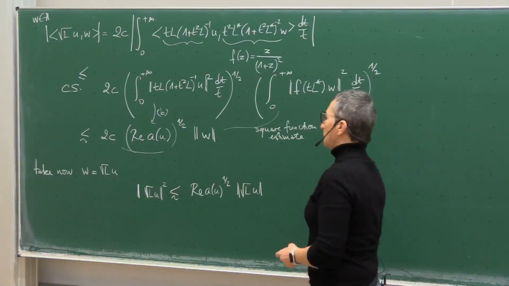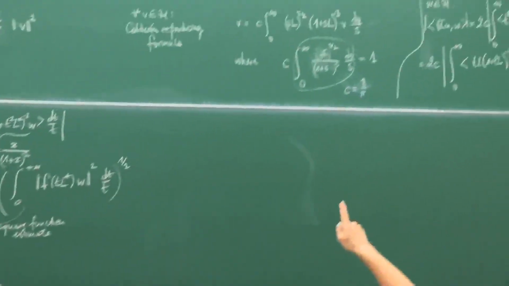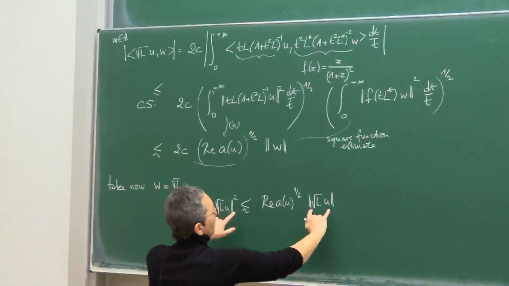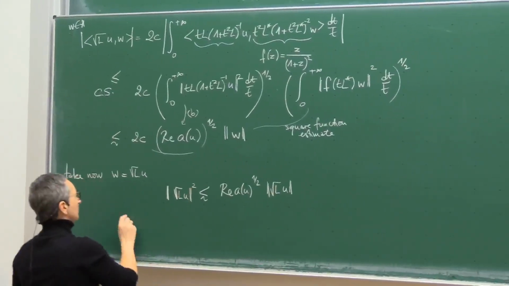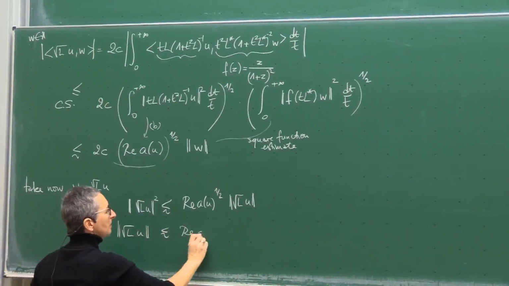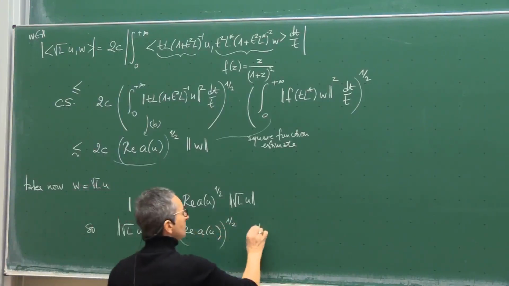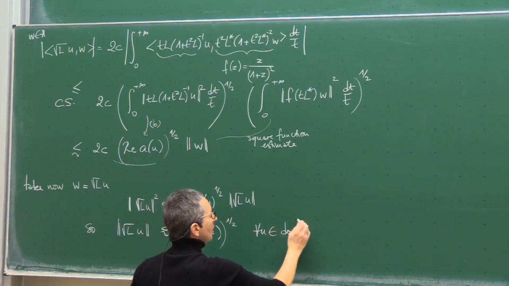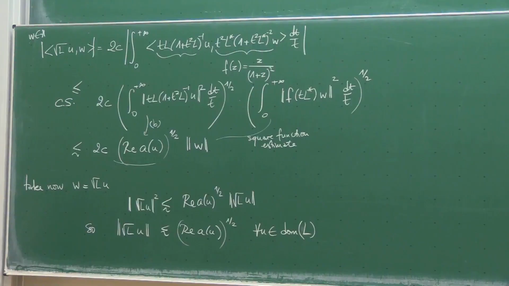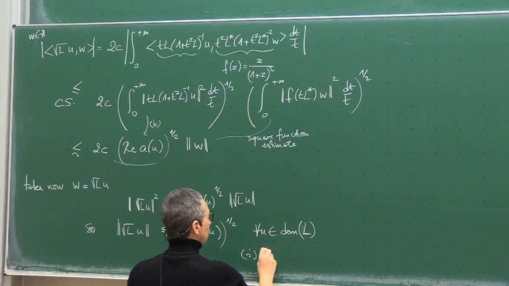So what we get is exactly what I announced: square root of L u is less than or equal to the real part of a of u to the power 1/2, and this is true for all u in the domain of L. So this is exactly what I was.